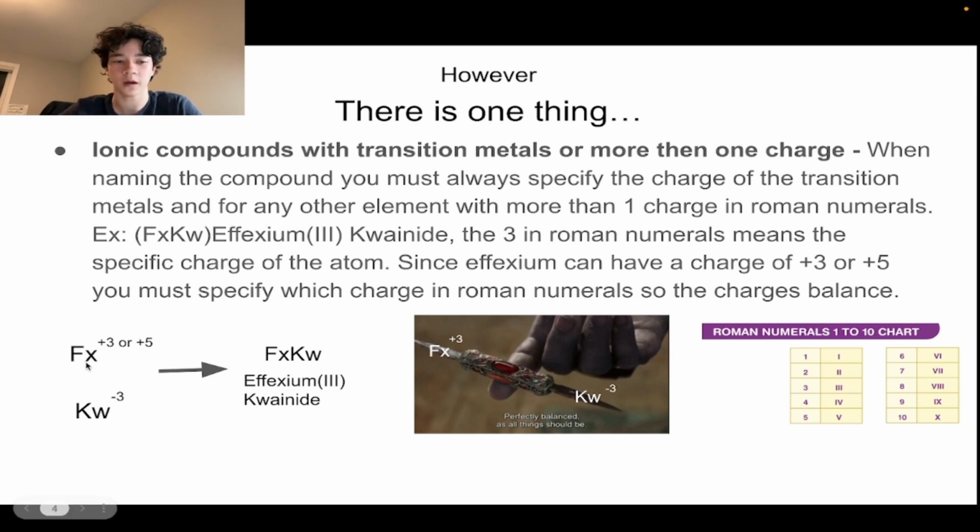We wanted a charge of +3 for Efexium, and since quinine has a charge of -3, 3 minus 3 is 0, and they're perfectly balanced. So they cancel each other out.